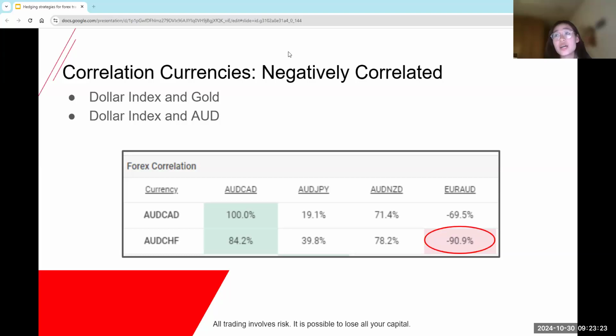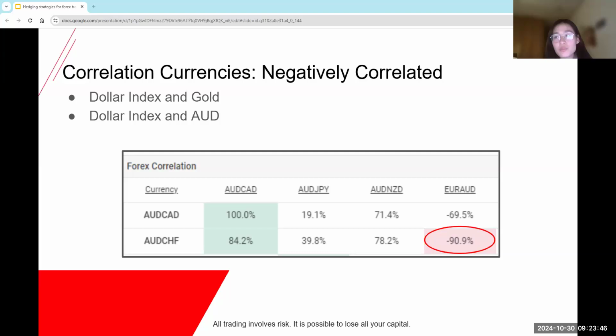But as I mentioned, they are not always negatively correlated, so you do have to check on your prices or check on your charts regularly, because things like geopolitical events can also affect the correlation as well.